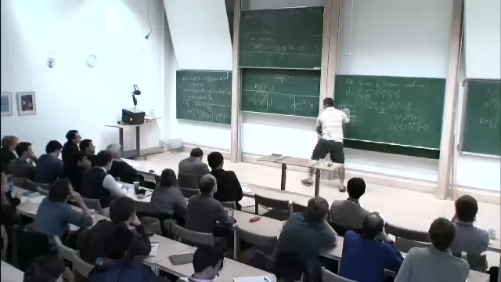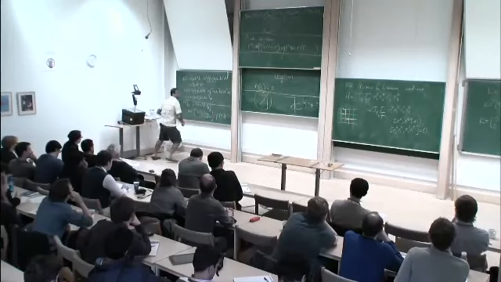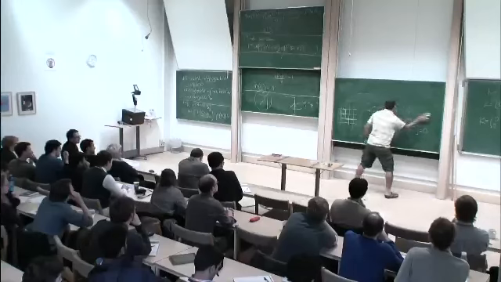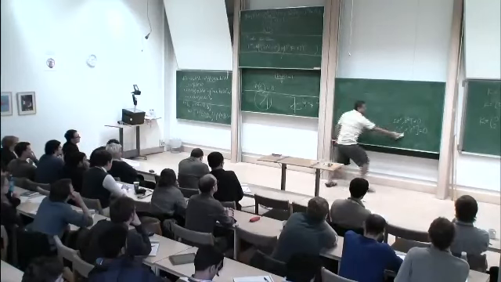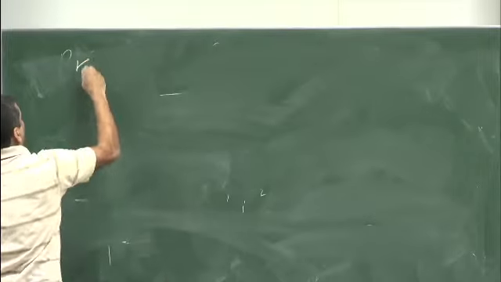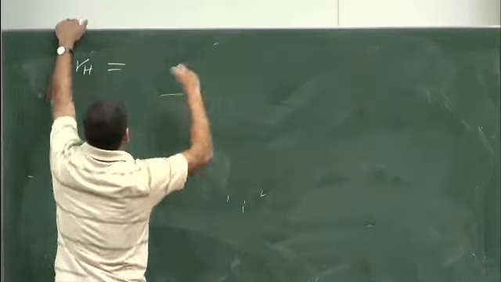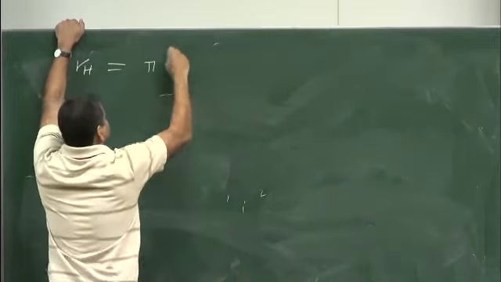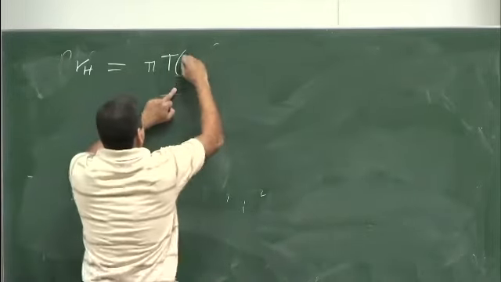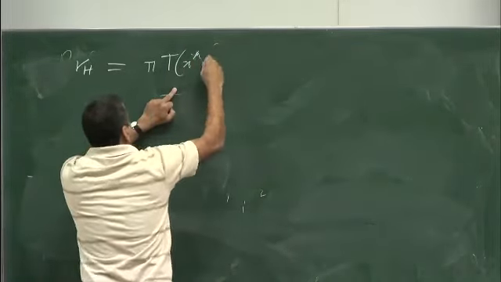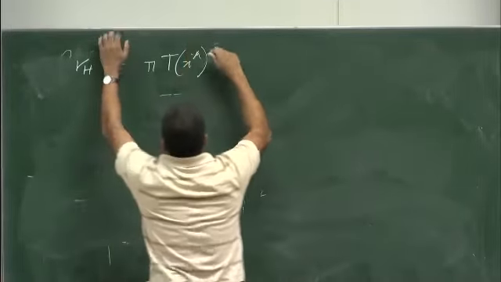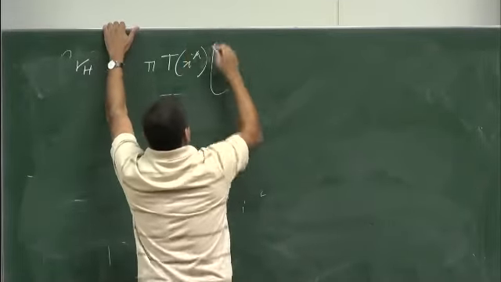So you find that RH is equal to pi t. The location of the event horizon is pi t as it was at 0th order, as a function of x mu, plus something of order... So let's take pi t out.